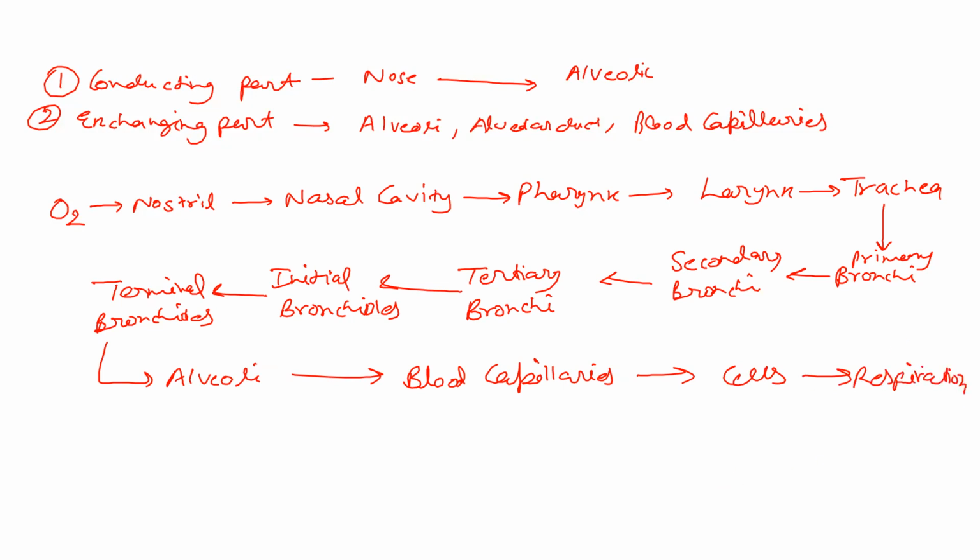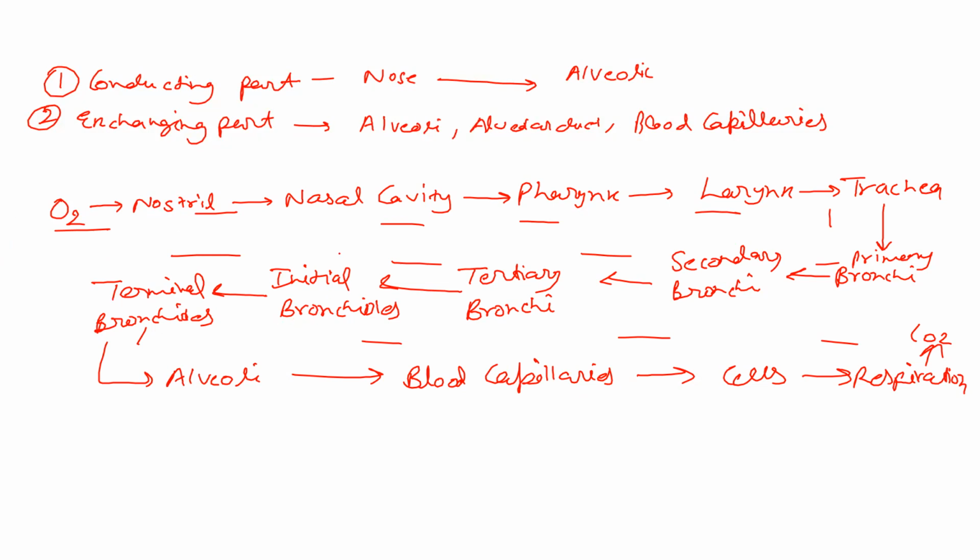Okay, after respiration, what is released? CO2. CO2 goes back along the same passage in the reverse direction and is released or exhaled out through the nostril into the environment. Understood? So this is the passage of oxygen from the nose to the cells.